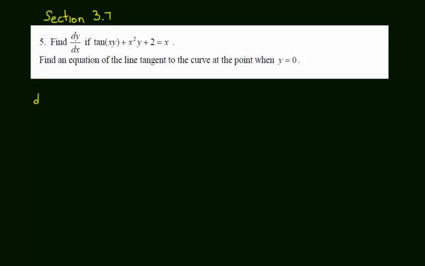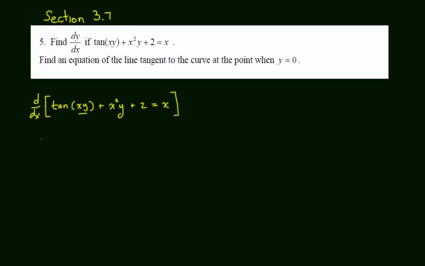I'm first going to find the derivative with respect to x of the entire relationship: tangent of xy plus x squared y plus 2 equals x. Notice this is the tangent of stuff, and within the stuff we have to do a product rule.